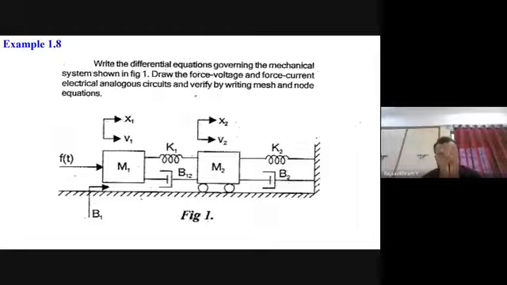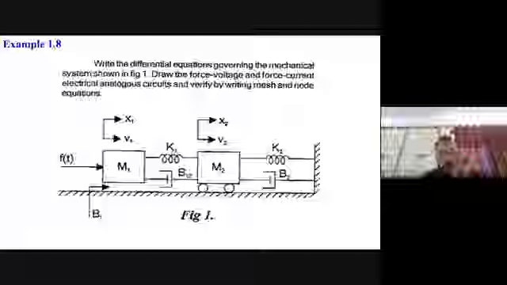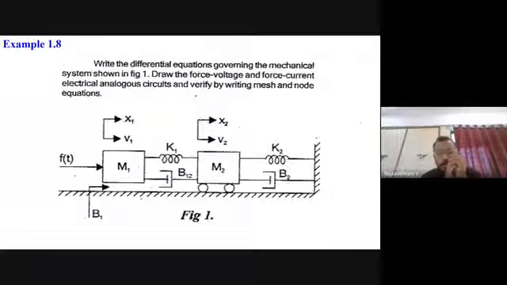If you have any doubt, please ask then and there. Because of this force voltage and force current analogy, if any circuit is given, you have to draw the equivalent electrical circuit for the mechanical system. Previously we discussed only the displacement. Now we have to consider the velocity also.